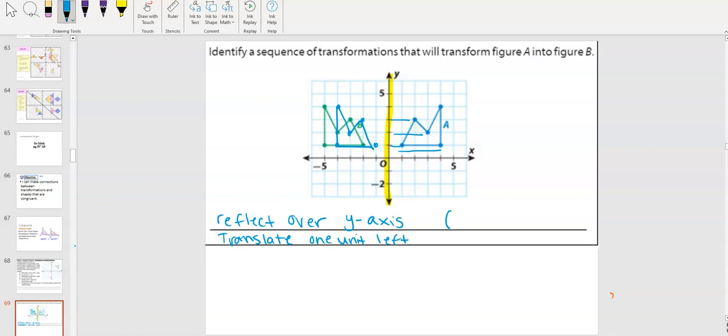Or if you wanted to, you could have used your rules and said that we're going to do this and then this. Both of these are correct. They're just 2 different ways to do it. If I slide my shape backwards, I am going to end up right back where I need to be. And that is how I would translate the shape.